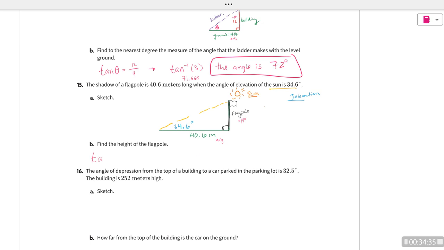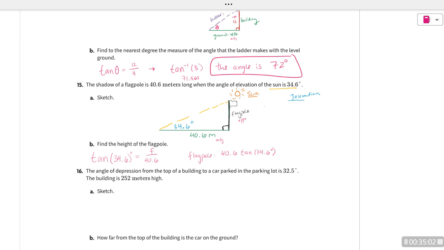So tan of 34.6 degrees equals opposite, which is our flagpole, over 40.6. So the flagpole is going to be 40.6 meters times tan of 34.6 degrees.